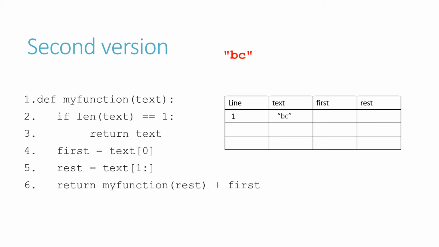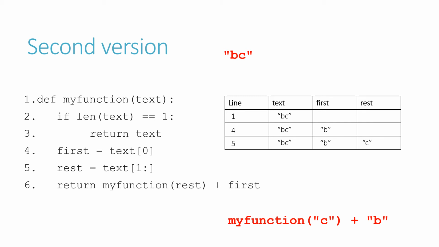We can skip lines 2 and 3 because they don't apply and go directly to line 4, where first is given the value B, and line 5, where rest is given the value C. We're now at the end of the function, and what we have to return is my function with rest as a parameter plus the value of first. So that is my function called with the parameter C plus the letter B.